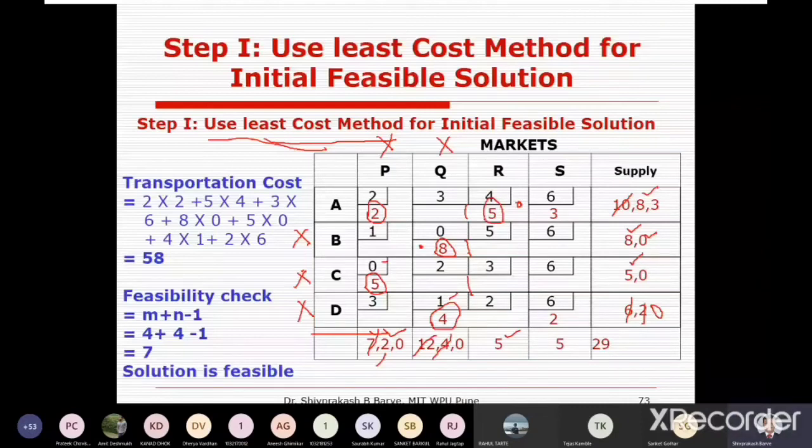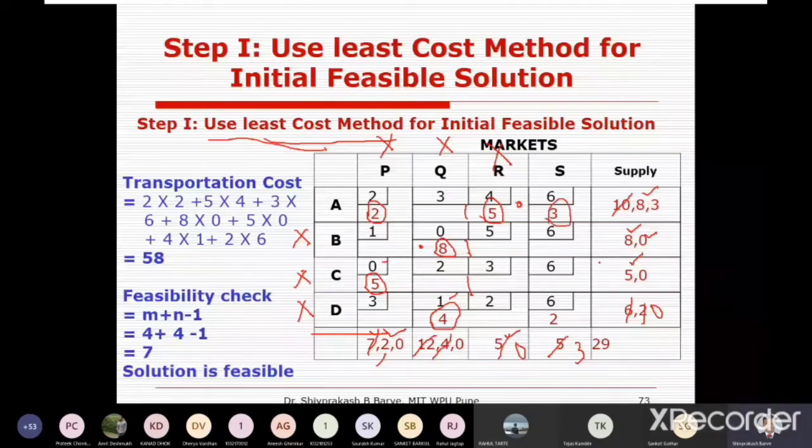For this market, already 2 units are allocated, so 3 units are balanced. Here also 3 units are balanced. Allocate 3 units because only 1 cell is there.